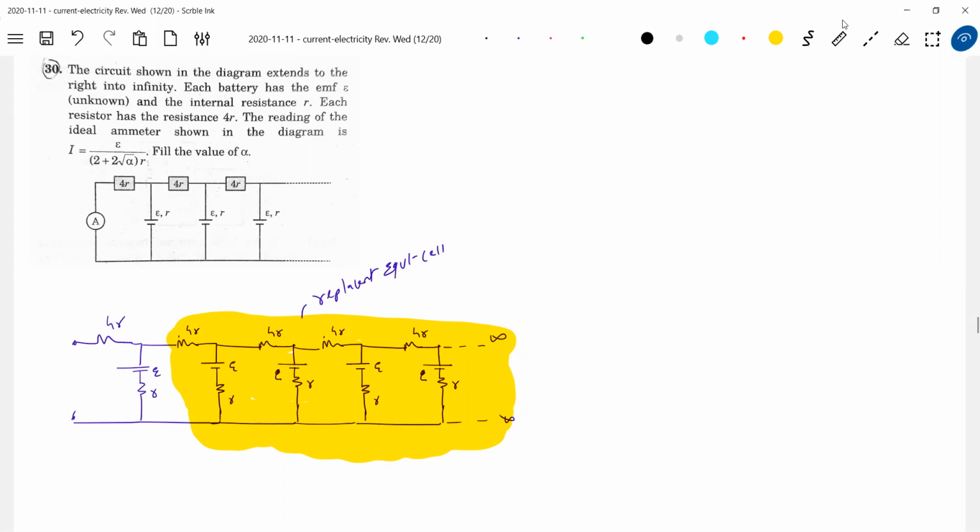In the ocean, if you take some bucket of water, will the amount of water change? No. The same thing. So when you replace this with the equivalent, there should be the value at AB. So here we'll use the AB terminals.